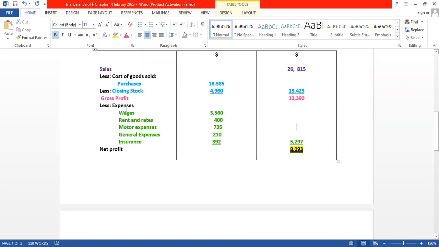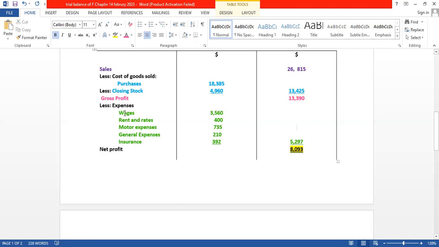Next thing, we move on to less the expenses. So we're going to find the sum of all the expenses here, and then we're going to subtract it from the gross profit to get our net profit. And let me just repeat.